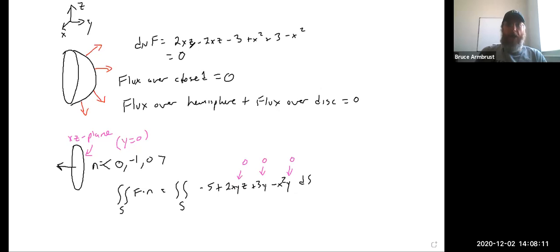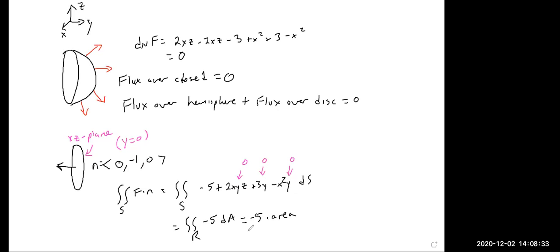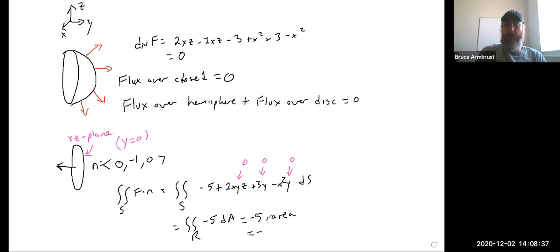By doing that, this becomes a double integral over the region of minus 5 dA. Which of course means this is minus 5 times its area. And what's the area? Pi r squared. Okay, so pi r squared, and r is 1 for this sphere. So that's minus 5 pi.